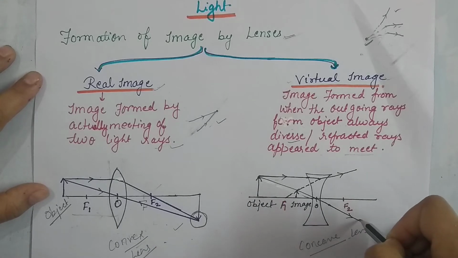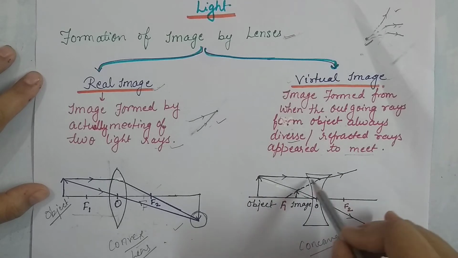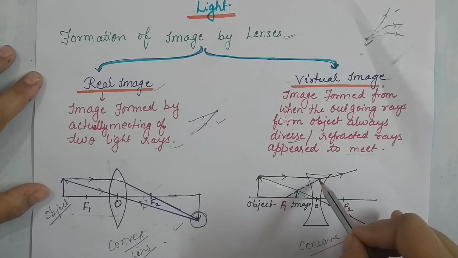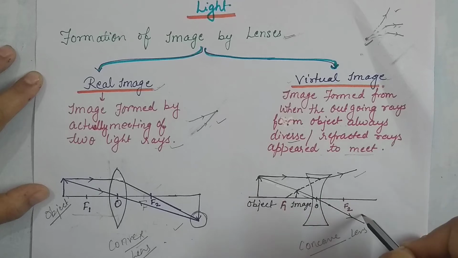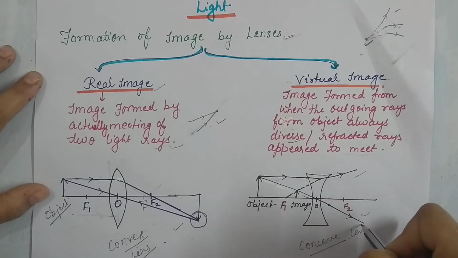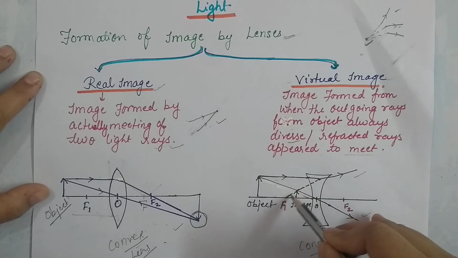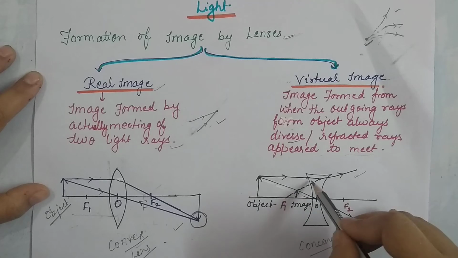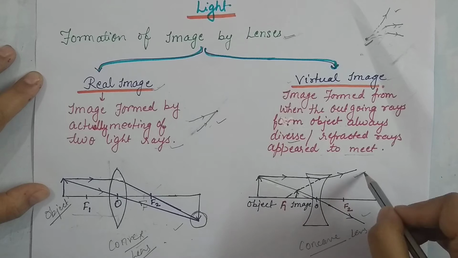In the concave lens, the object is here, and you can see that the incident light rays diverge. When the light rays diverge after refraction, we can extend them back, and here the image is formed. The light rays appear to meet; they are not actually meeting.